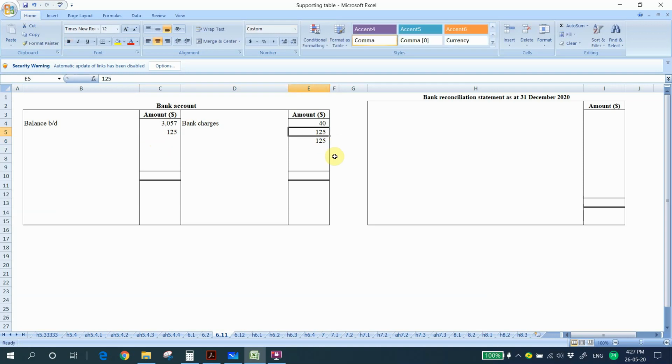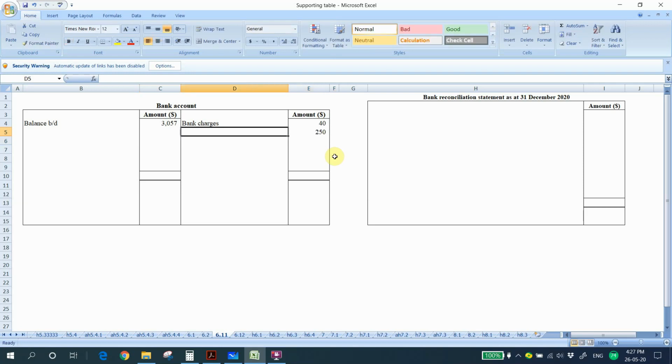I repeat, the first 125 in your credit is used to net off the wrong transaction on your debit side. The second 125 is used to record the correct transaction, which is a payment of 125. So we have to write 250, and this will be payment to supplier.